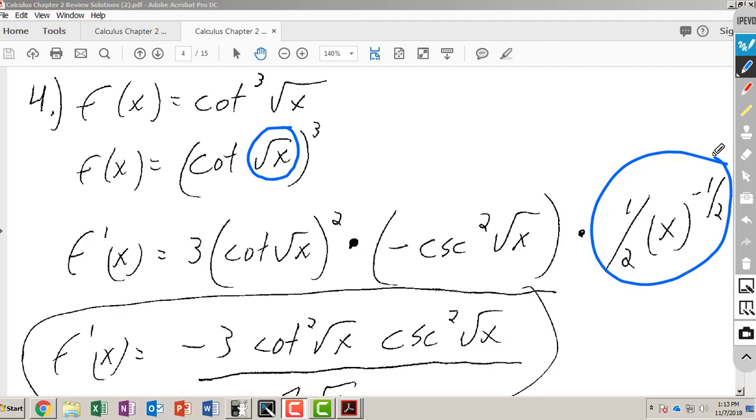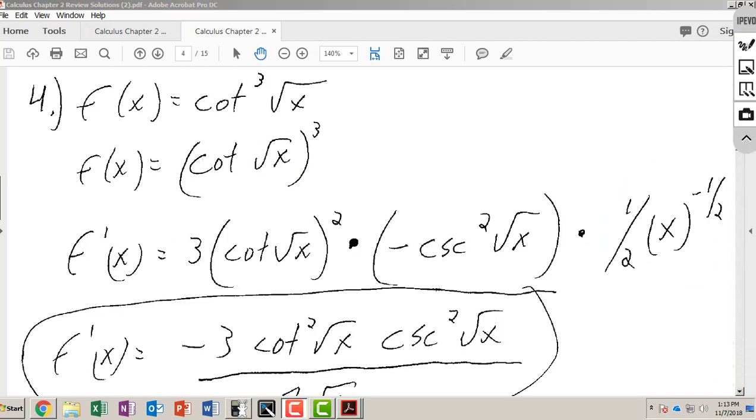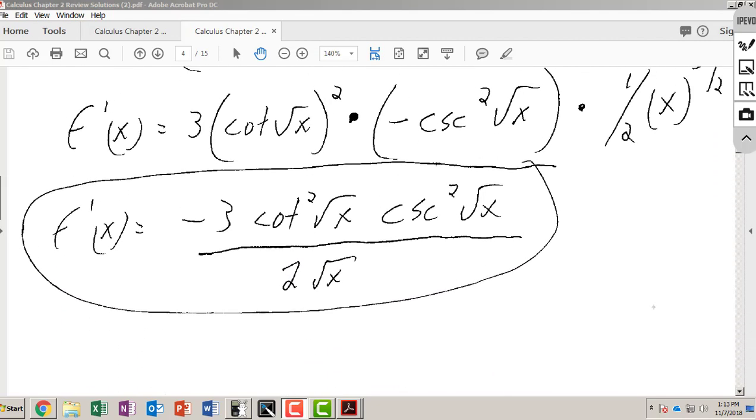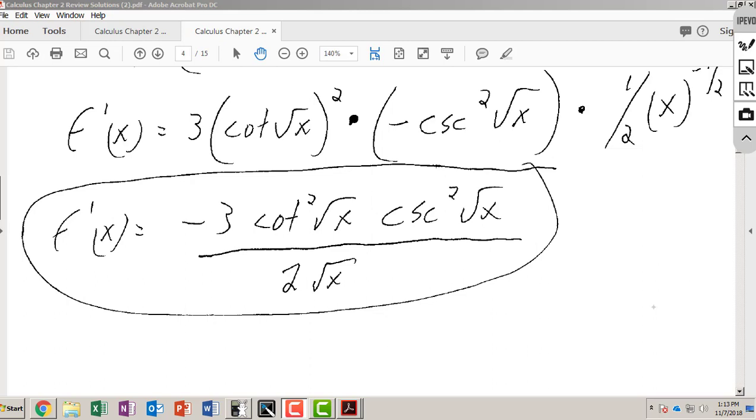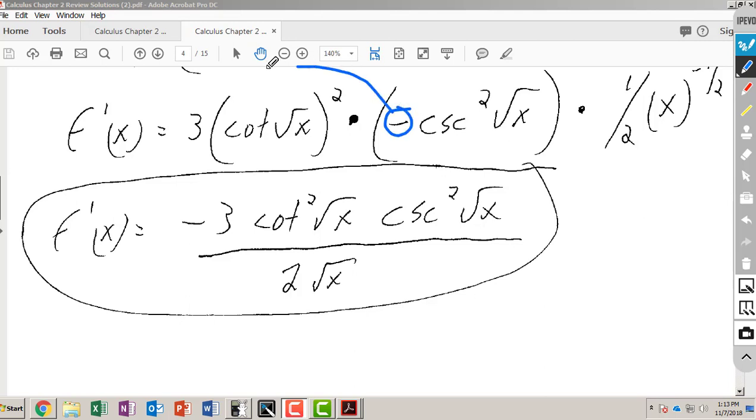I've got the derivative is 3 cotangent square root of x squared times negative cosecant squared root of x times 1/2 x to the negative 1/2. I just need to do some algebra to simplify this down a little bit. So you're going to notice the algebra that I do. First off, I'm going to take this negative sign, and just to make it look better, I'm going to put it out front.